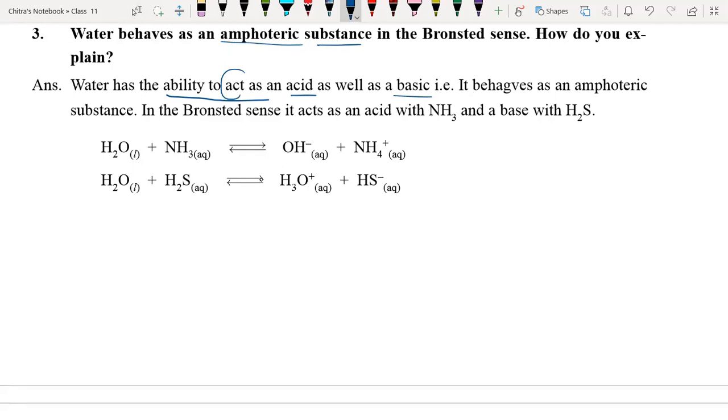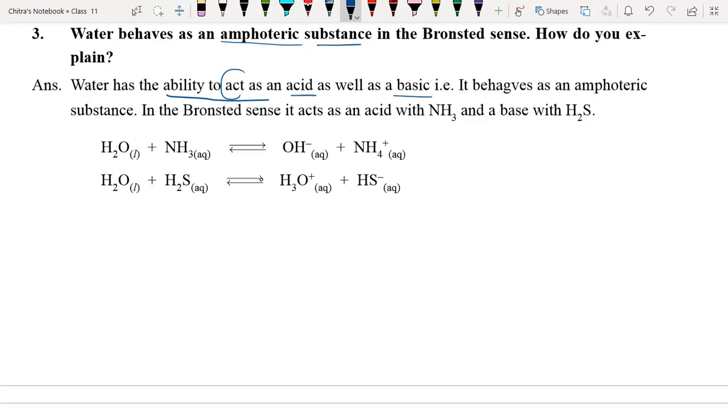Their amphoteric nature is due to the ability to form bonds with acids as well as bases, because when these substances dissolve in water, they undergo dissociation to form ions, and those ions then react with water.